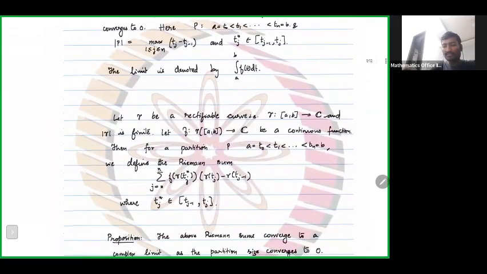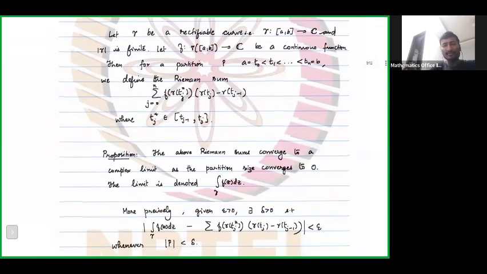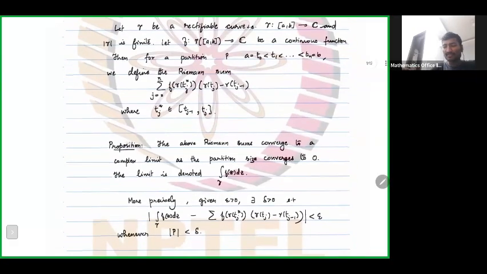Okay, so a similar definition has been given for complex valued functions, not actually over an interval here, or image of intervals, means over the curves. When f is continuous on some curve gamma, then we define similar Riemann sum, but now these are complex numbers.